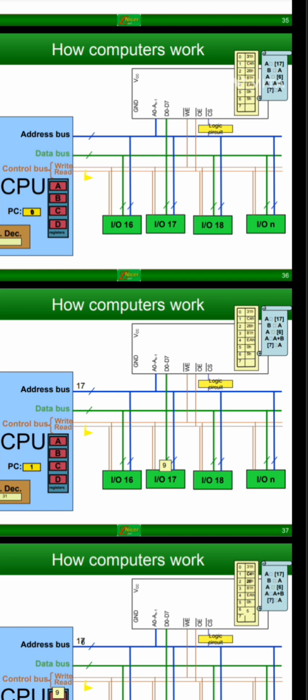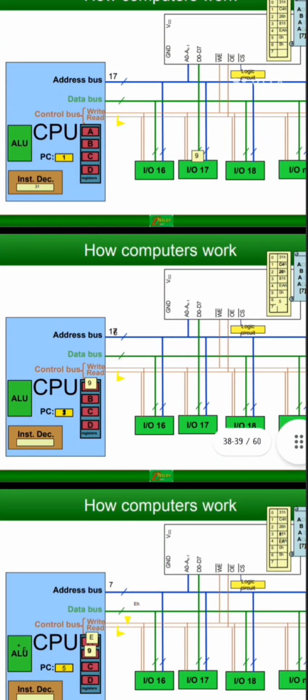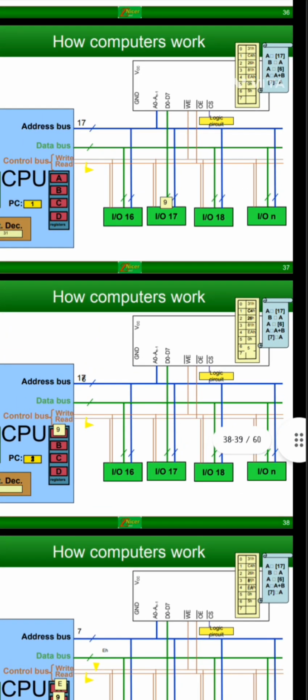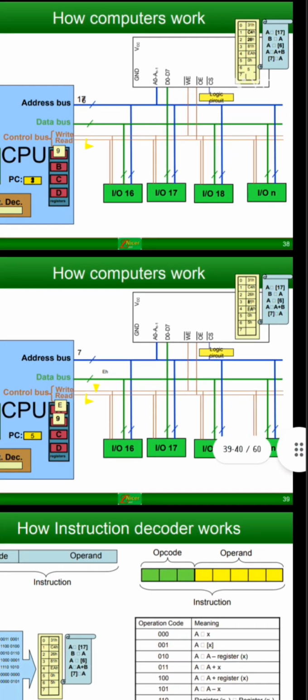The instruction given will calculate the values, and the data bus will manage these values. Then the data bus will transfer it to the register A. When a new value is generated, it will go through the input output data buses towards the memory location, and so on.